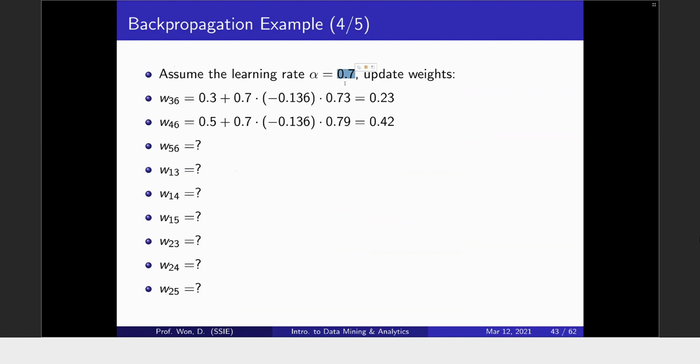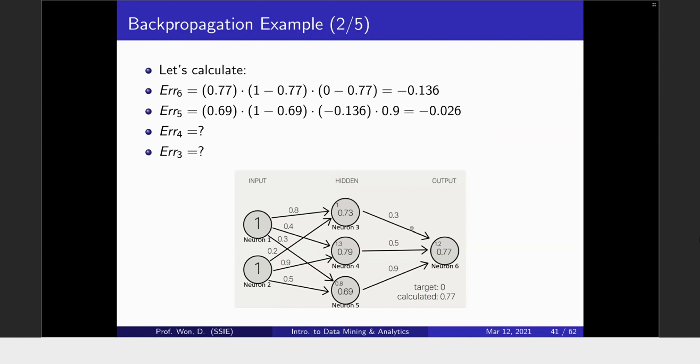Then update the weight. This weight is currently 0.3, right? For example, here 0.3. Now I want to change this value to decrease this number. And this number is actually coming from here.